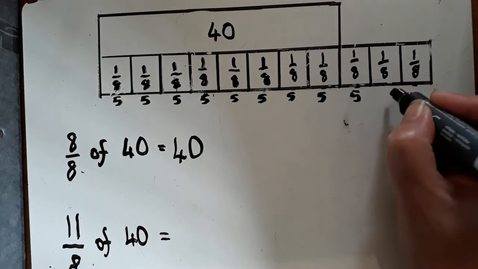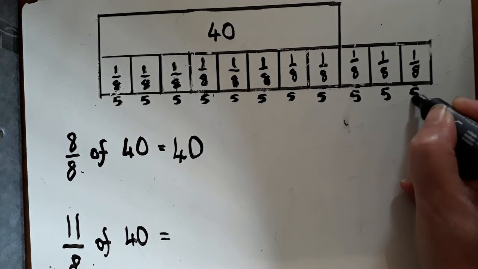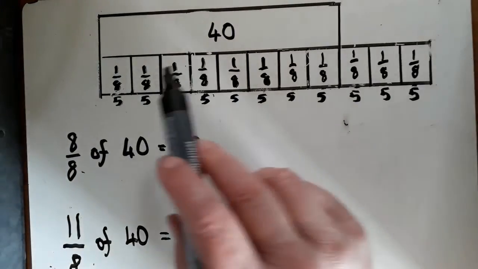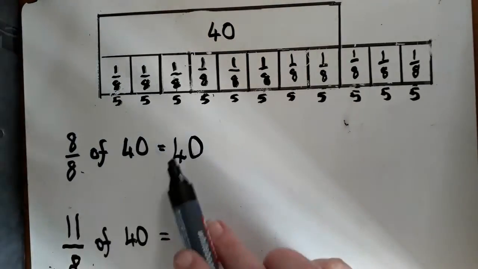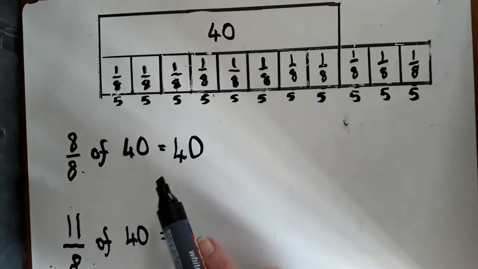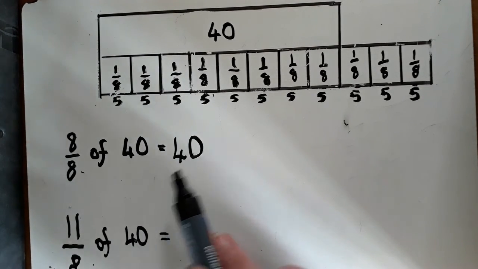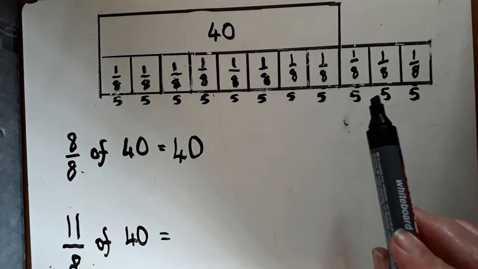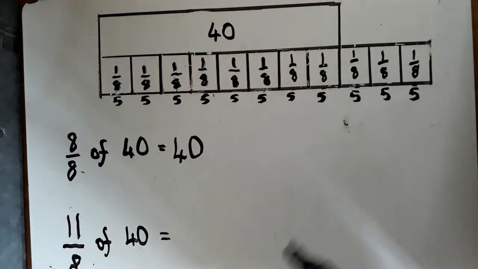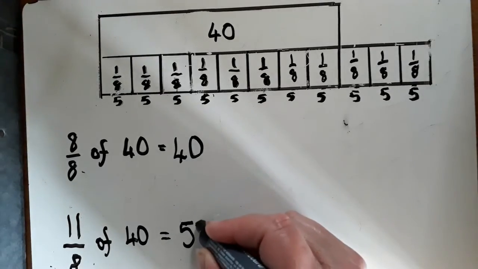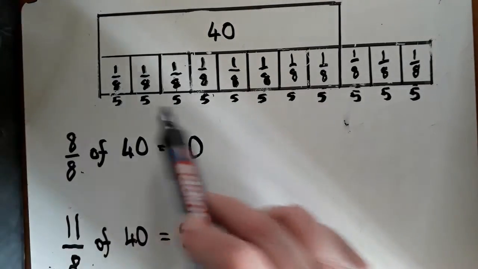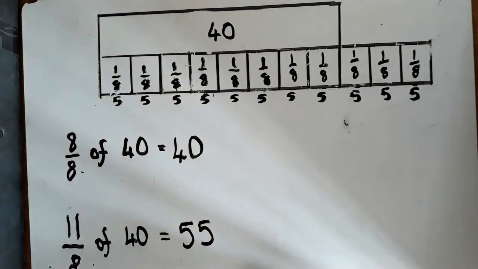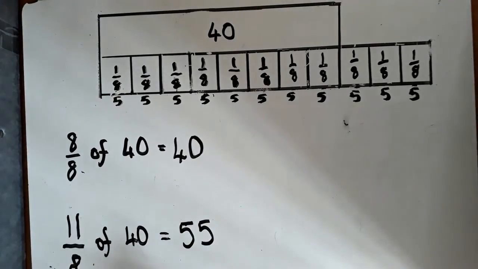Now you can see that you must have more than your whole. We had 40, and then we would have 45, 50, 55, as we had 8/8 and then 3 more eighths. It's very strange because it's more than our whole.